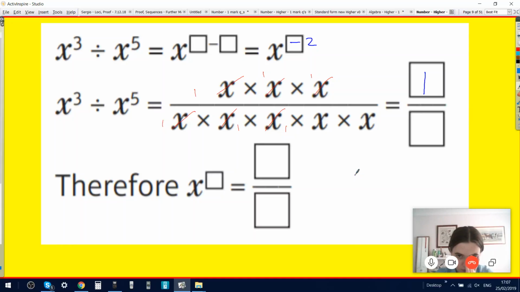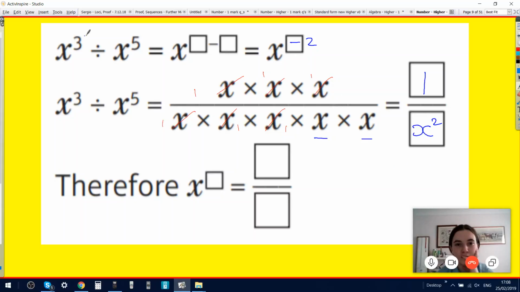We've got two x's. Yeah. So basically what we have on the bottom is 1 times 1 times 1 times x times x. X squared. Yes.